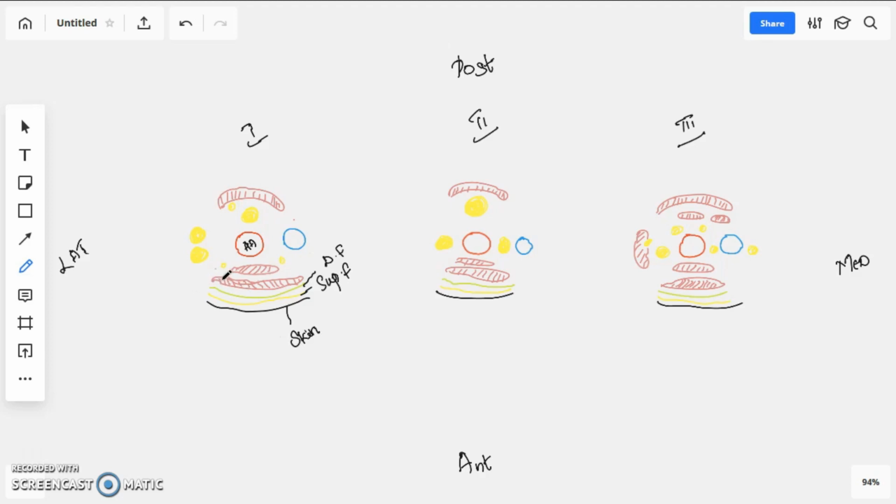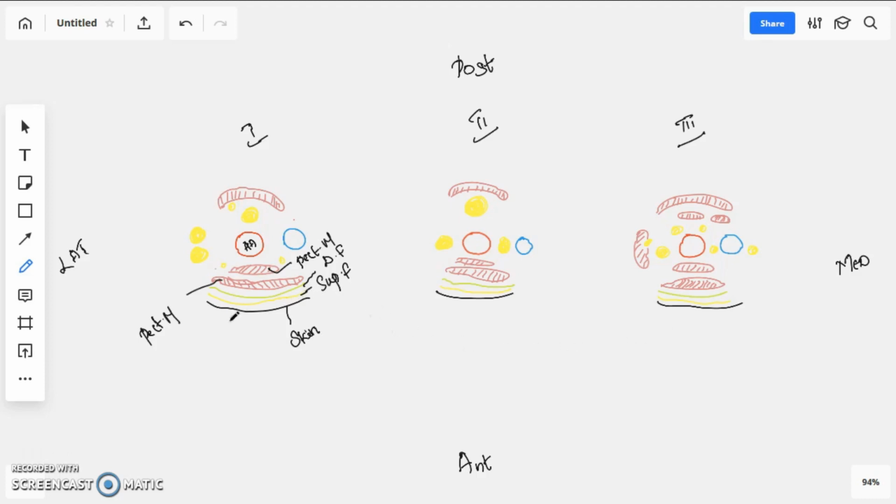Then we will have a muscle layer, that is pectoralis major muscle. And below pectoralis major, what muscle will we see? You already know, that is pectoralis minor muscle. All these things you can make out because of the earlier classes we had.